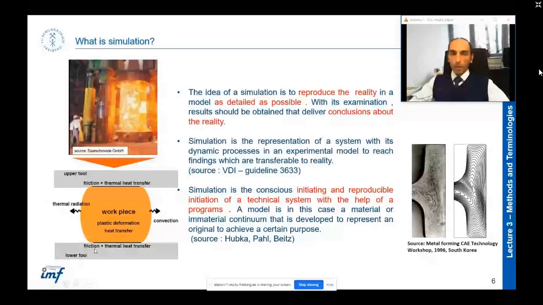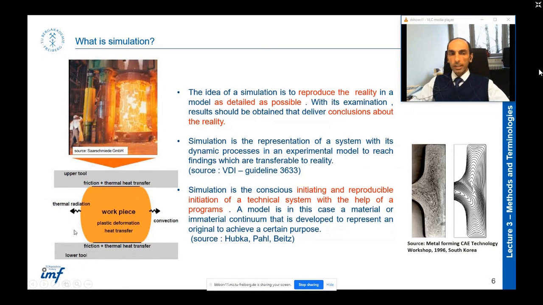And of course, we apply the boundary conditions. We will talk about the boundary conditions more later. The specimen is in contact with the upper die and lower die. You have thermal heat transfer, you have friction here, and also convection.